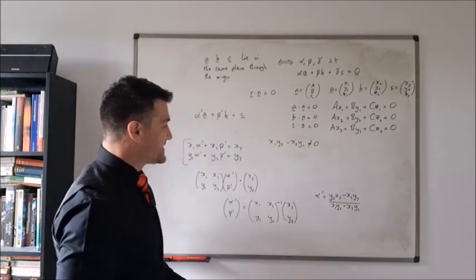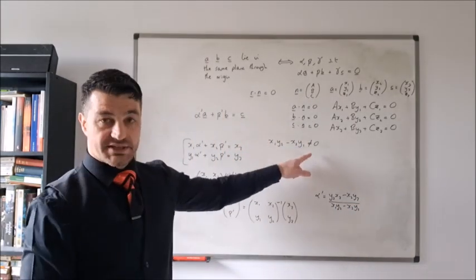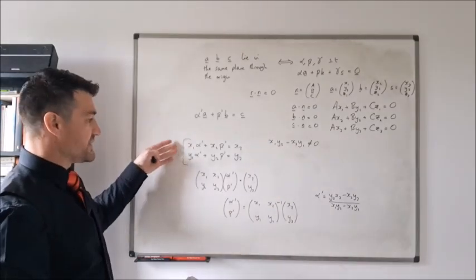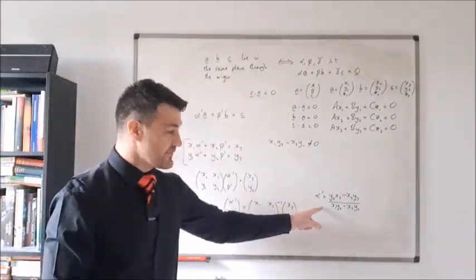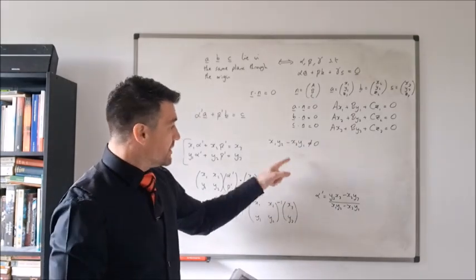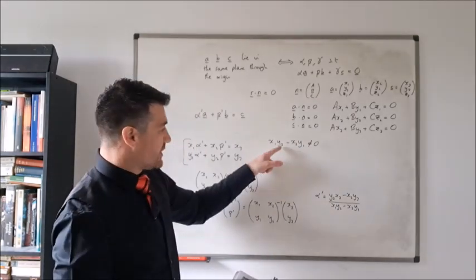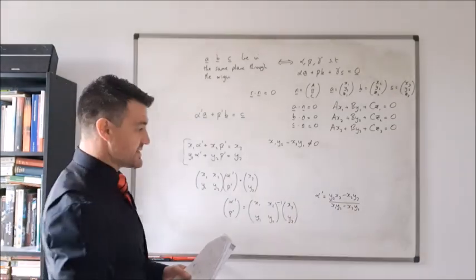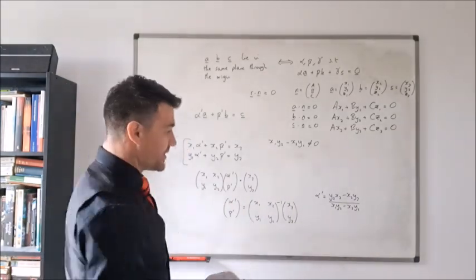So we can see again why we need this condition. Even if we don't think in terms of matrices, if we solved just using the simultaneous equations, we'd still arrive at this value for alpha prime, but we would still require x1 y2 minus x2 y1 to be non-zero for this expression to make any sense. Division by zero, bit of a no-no.